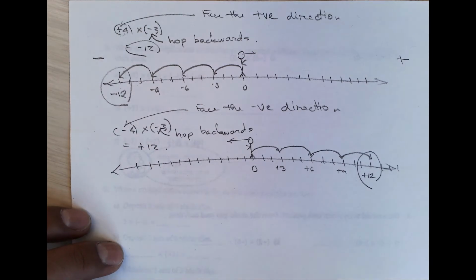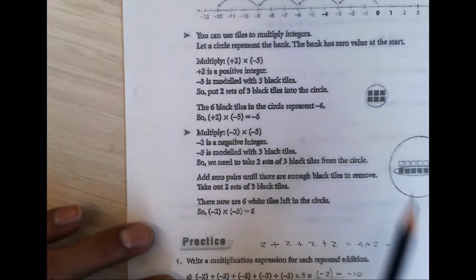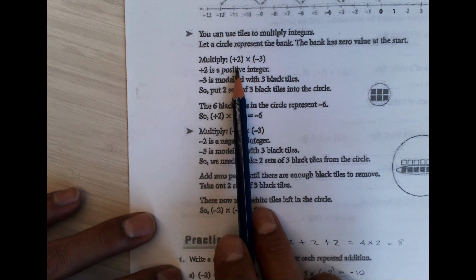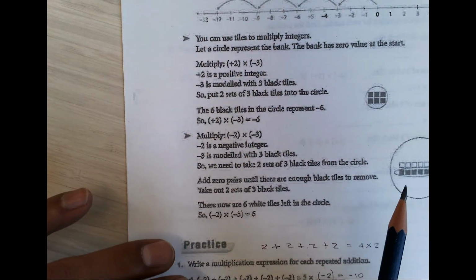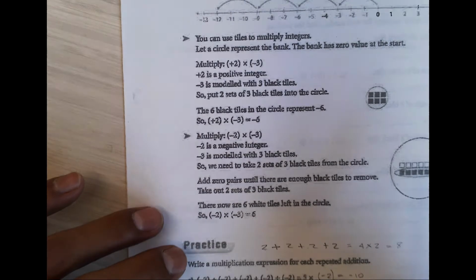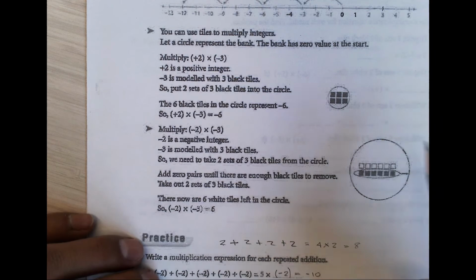So I hope this part of the video helps with that. Now I'm going to show you what the bank model means, and I'm going to explain what all this means. The bank model is about putting something in, depositing something in, or taking something out.